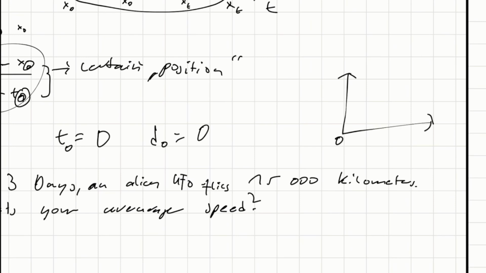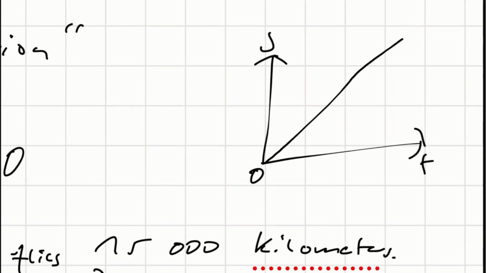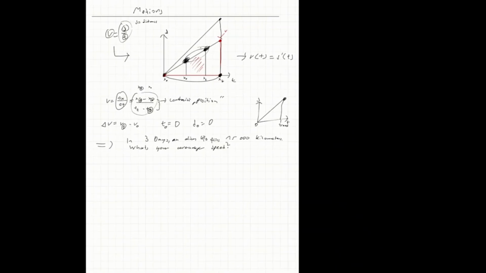This is our distance, and this is our time. We start here and fly 15,000, so this is 15,000. So we're doing the same thing to understand this process graphically.